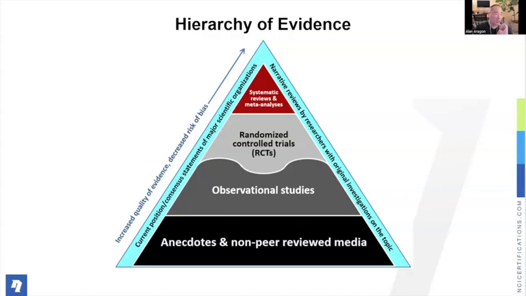External validity is another word for real world relevance or practical relevance, clinical relevance. So, external validity is how relevant is this study design and its results to what's going on in the real world? That is external validity.